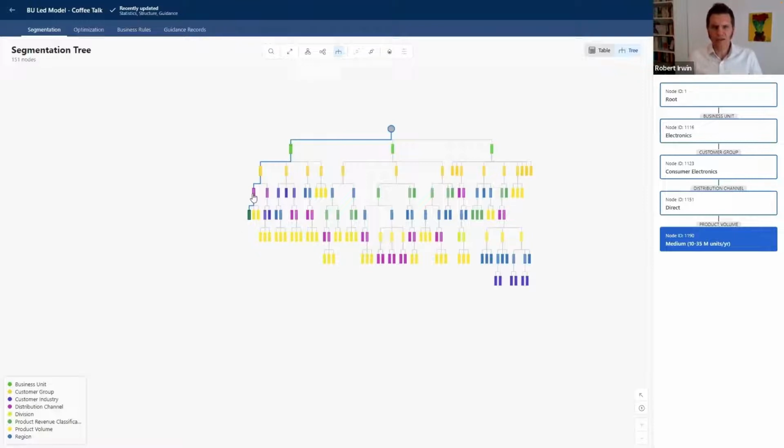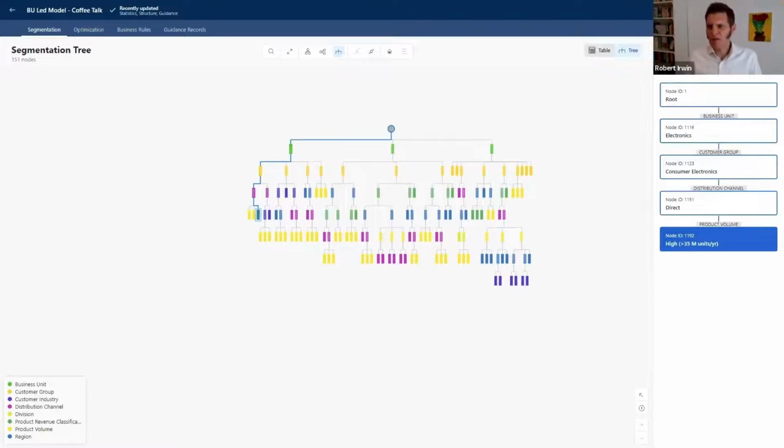And then as we see down here with product volume, I have different values that are part of that dimension set and need to be separated in order to recognize that willingness to pay.